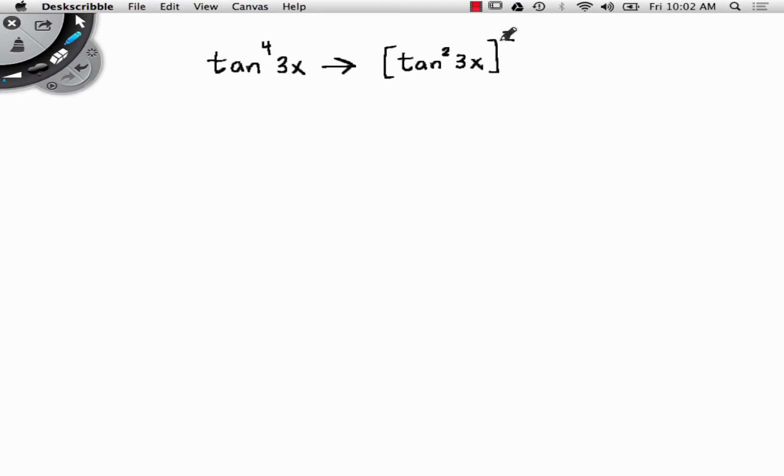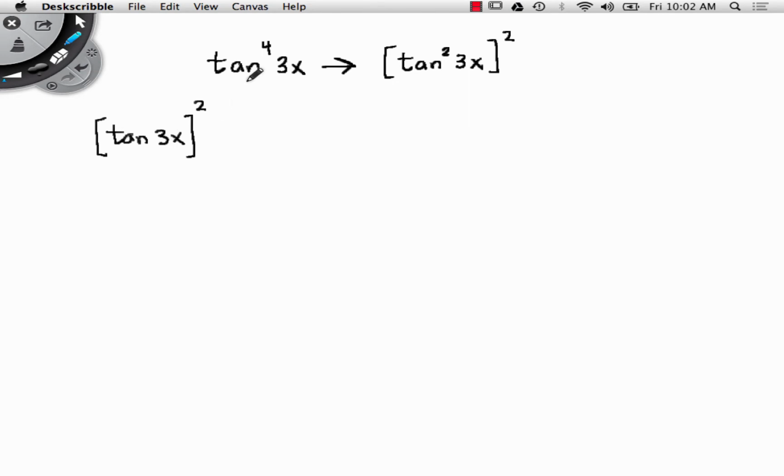I understand, but I don't get why we would have it outside with the 3x. Because then I feel like you would have to do tan 4 to the 4th. See, this is the tangent of 3x. Now, if you square the tangent of 3x, the square has no effect on the 3x.